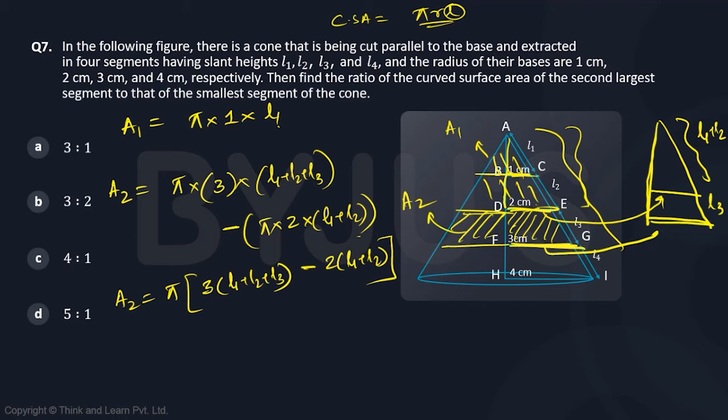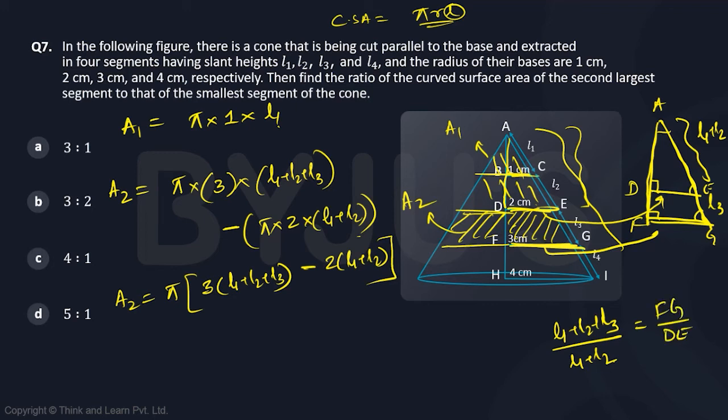These two triangles are similar. Why? Because this is 90, this is 90, these two are parallel lines so these two angles are same, and of course this is the vertex which is common. So they are similar triangles, which means, with this as DE and this as FG, I can say L1 plus L2 plus L3 by L1 plus L2, the ratio of sides, is equal to FG by DE.